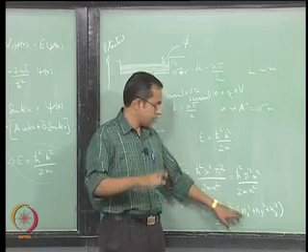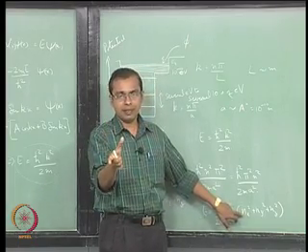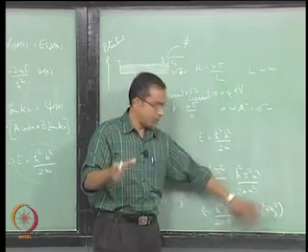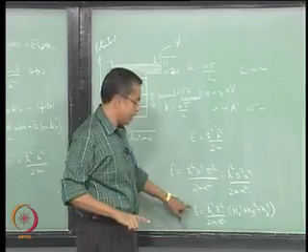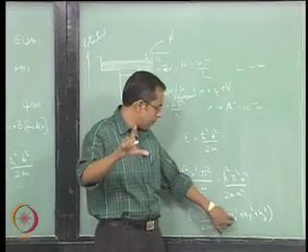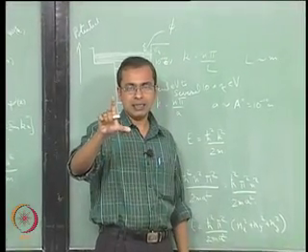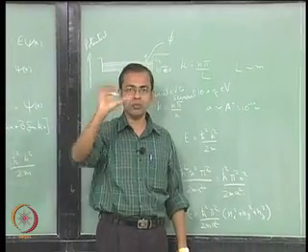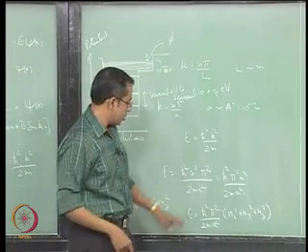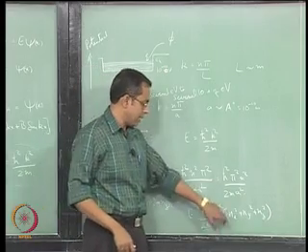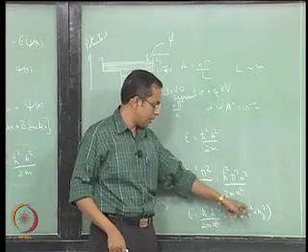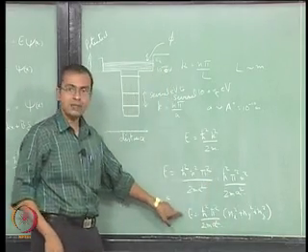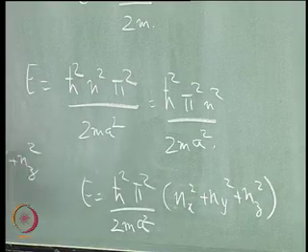As long as the modulus is the same, even if you keep changing these components, you get the same value of energy. When you change nx, ny and nz such that the modulus remains the same, you are tracing a sphere, in all directions. You can look at it physically, and mathematically it simply means nx square plus ny square plus nz square is a constant, and if it is a constant we are talking of a sphere.